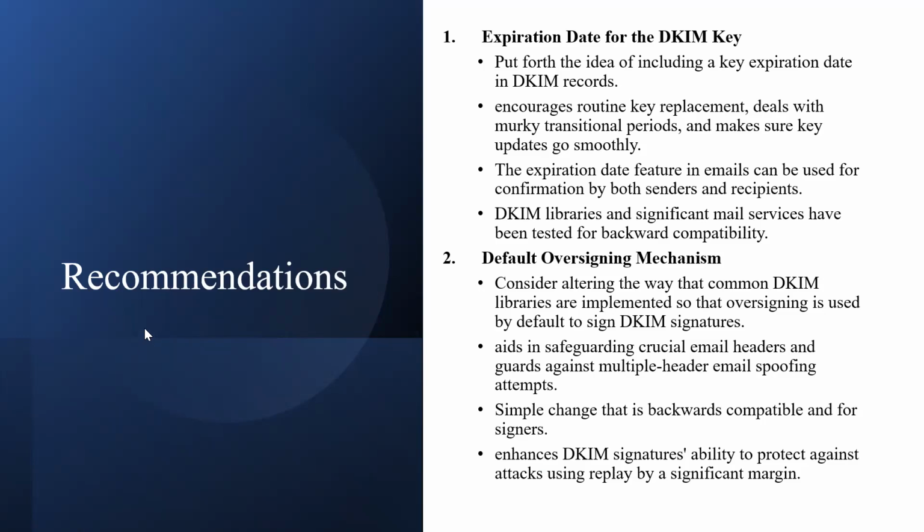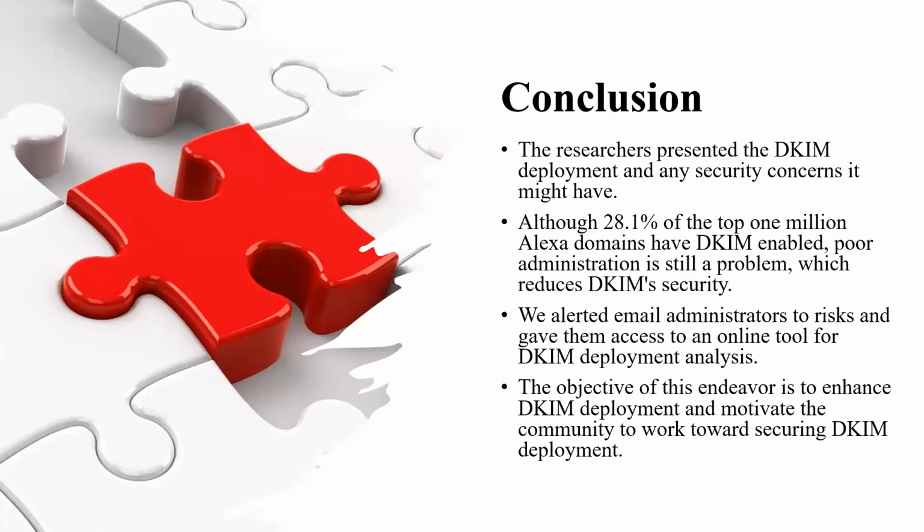Moving on to the next slide, the conclusion. The researchers presented the deployment and any concerns it might have, that means management issues and security issues. Although 28.1% of the data domains have DKIM enabled, poor administration is still a problem because most of the data doesn't have DKIM enabled, or even if it is enabled, it might be at risk of a security attack or management issue.